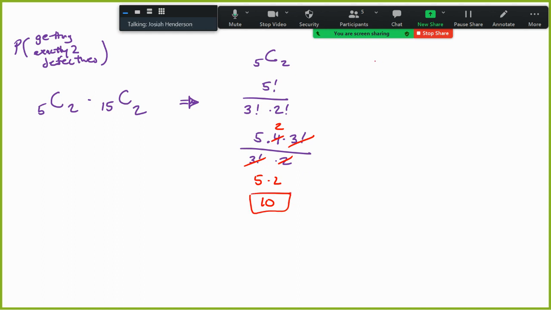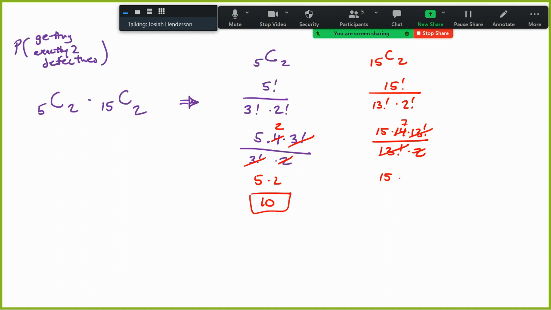Now for the second part, 15 choose 2. This is how many ways there are to pick 2 good ones from those 15. So what is that? 15 factorial over 13 factorial times 2 factorial. 15 times 14 times 13. 13 over 13, we'll just cancel those. 14 over 2 is 7 again.